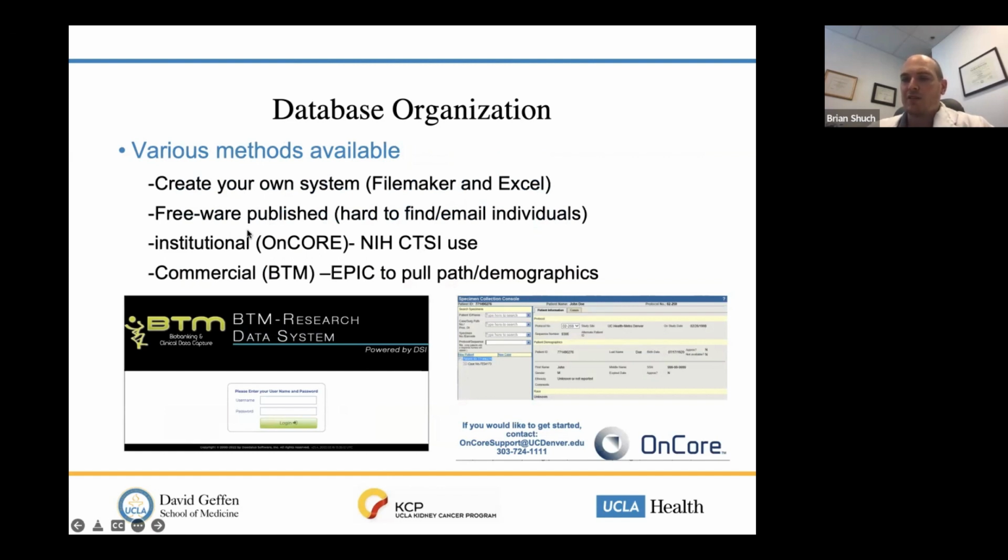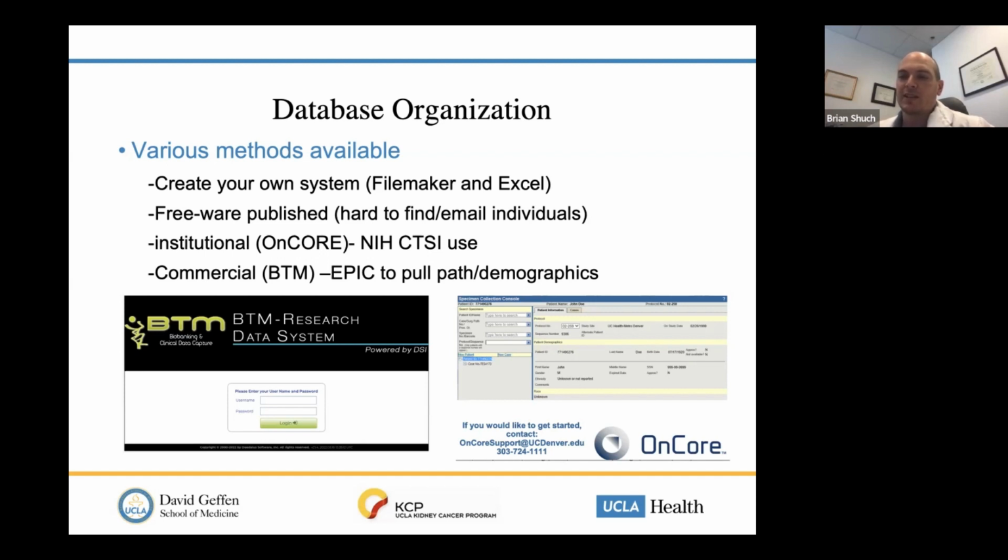When I started contacting these people who built these FileMaker software, and in the supplement said, here is a link to our program where we have freeware, every single one, either the link was broken, or when I contacted the PI or the corresponding author, they never responded.